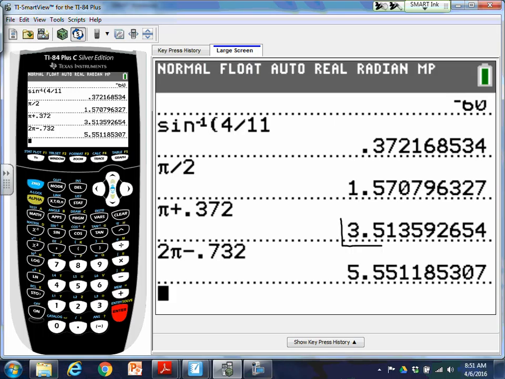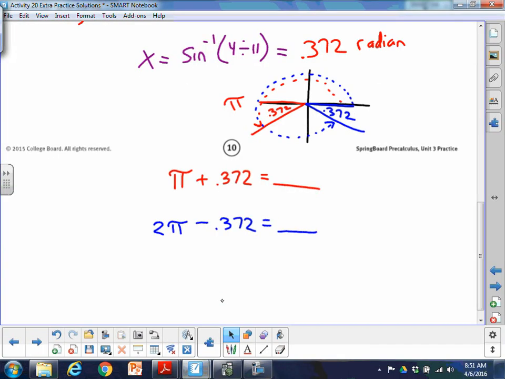So I would go 3.5 and 5.6. And again, that's all in radians. So it seems weird to have radians that don't have an actual number pi in them, like a pi over 5 or pi over 6 or whatever the numbers are. But radians can be thought of as decimals. Okay, so just like the real value of pi.